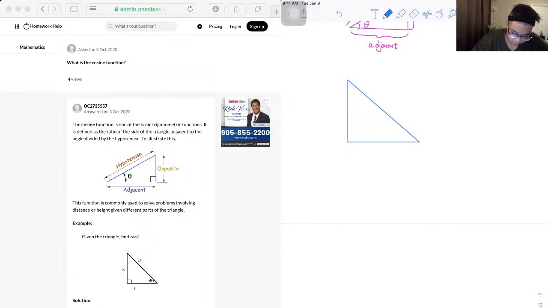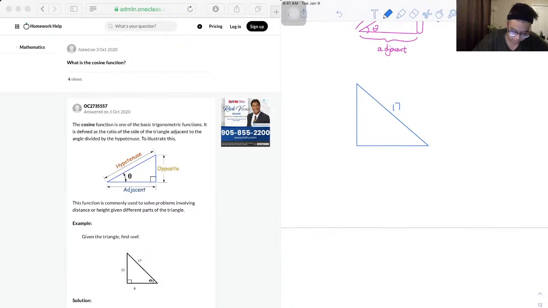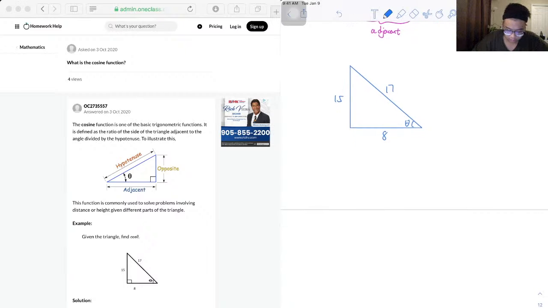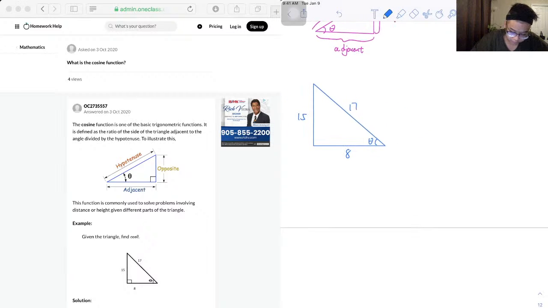So hypotenuse will be 17, and this side is 15, and this side is 8, and that is theta. And we would like to find out the result for cosine theta.